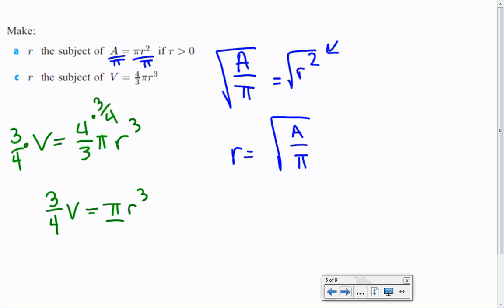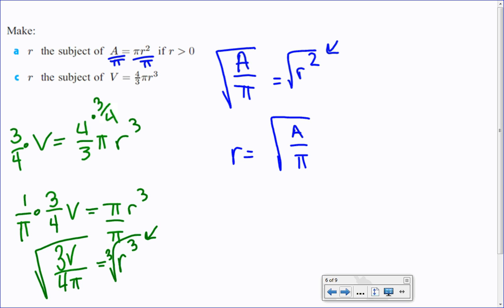To move pi over, we can divide by pi. So when we divide by pi, we're really multiplying by 1 over pi. Okay, so now we have 3v in the numerator, and we have 4 pi in the denominator, is equal to r cubed. To undo a cube, we're going to do the cube root of both sides.